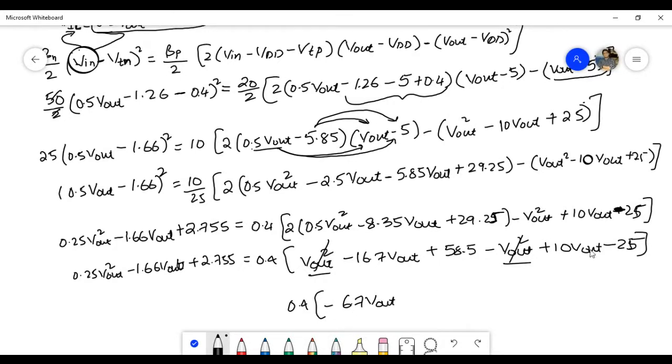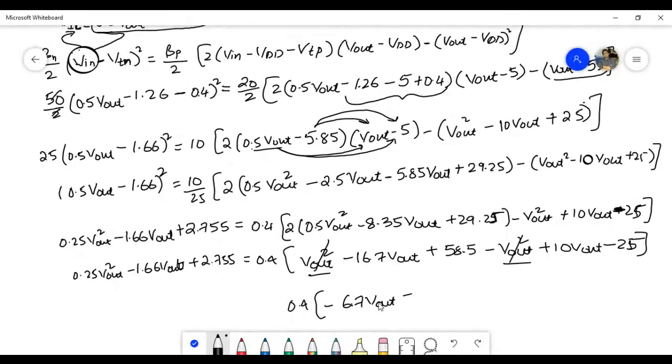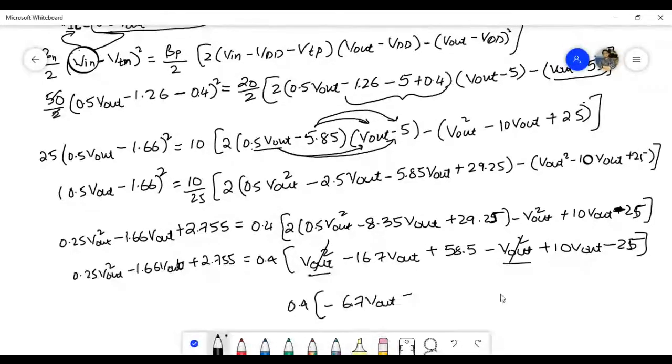Okay, and 58.5 minus 25 will be how much? Just tell me. So 58.5 minus 25 will be 33.5. So it is the same thing here. Meanwhile, just multiply this: 0.4 into 6.7 will be minus 2.68.